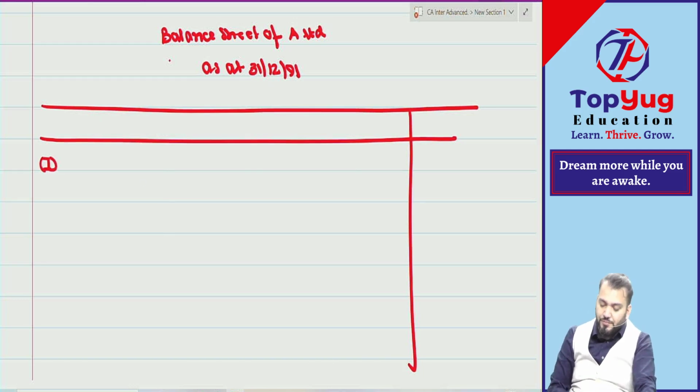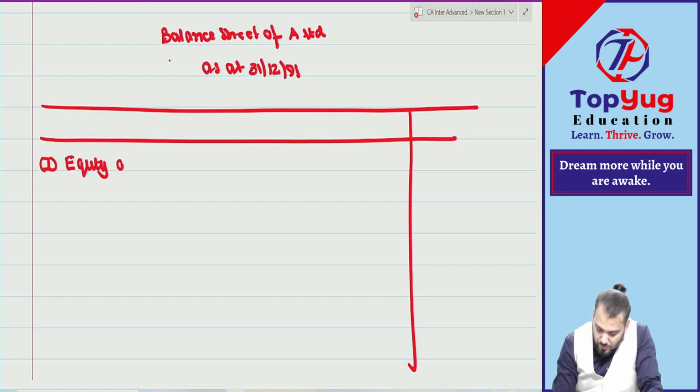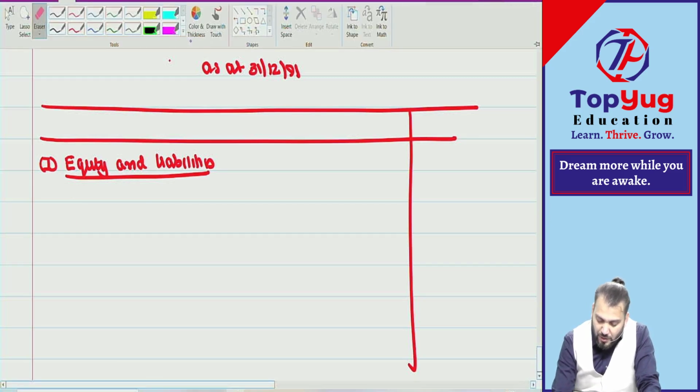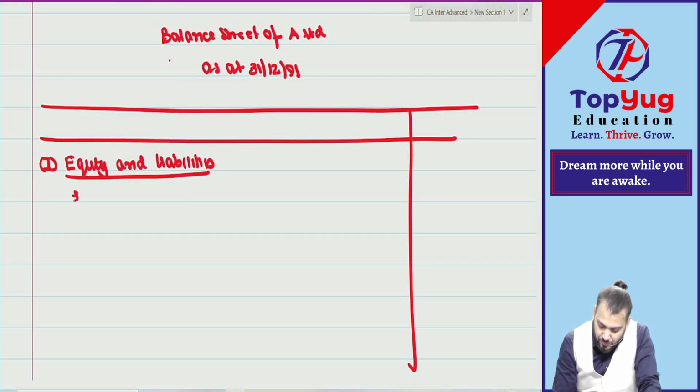First what we write? Equity and liabilities. In this, shareholders' funds.